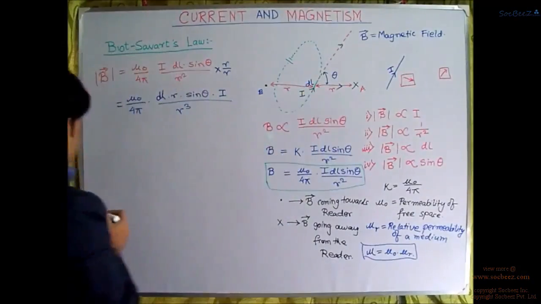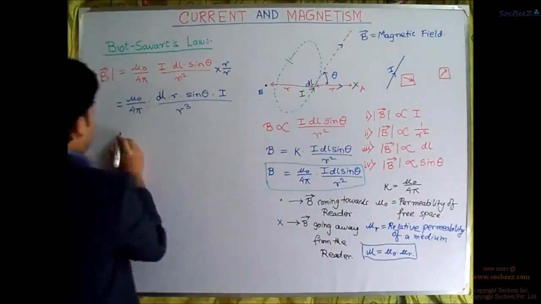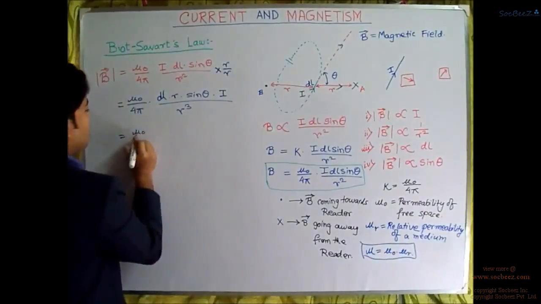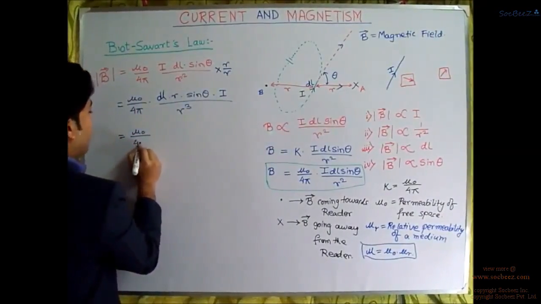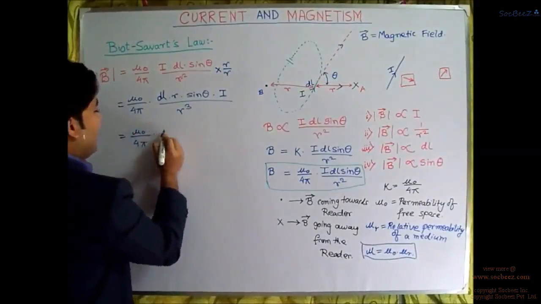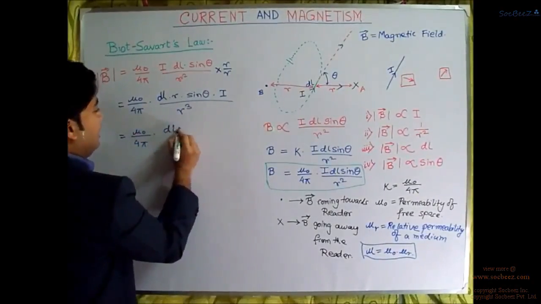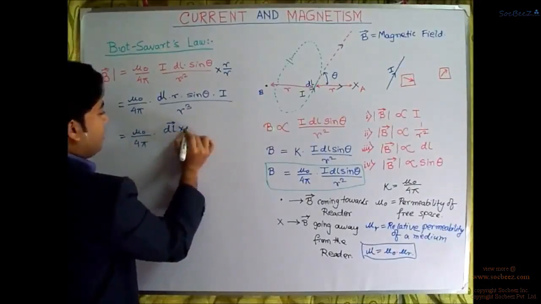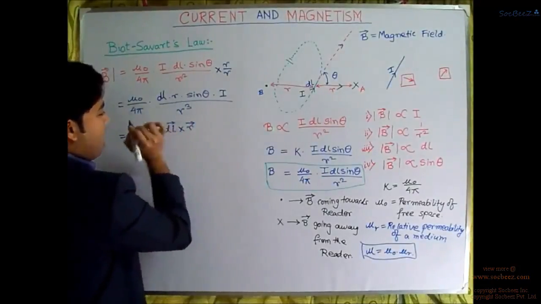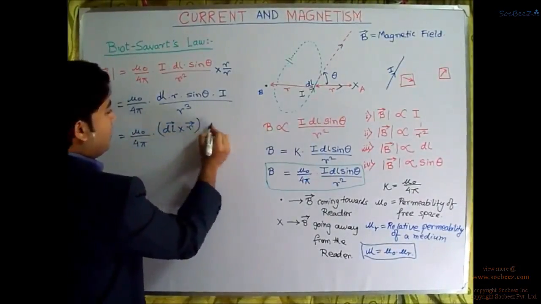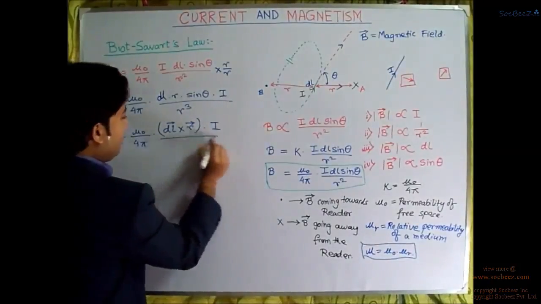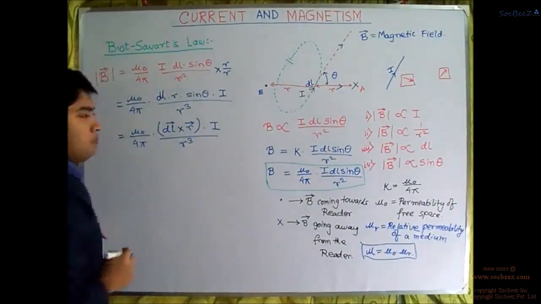So now we can write it as mu naught divided by 4 pi multiplied by the dl vector cross the r vector, multiplied by I, divided by r cube.